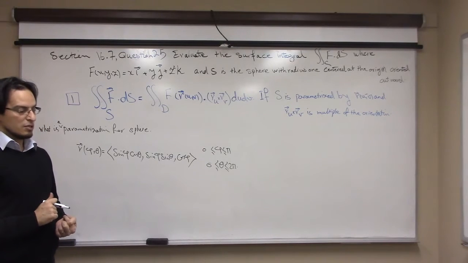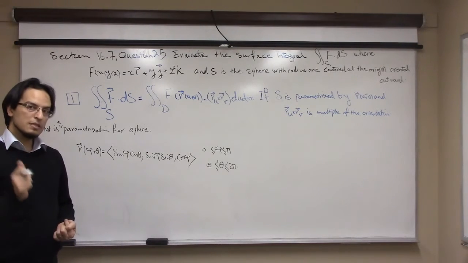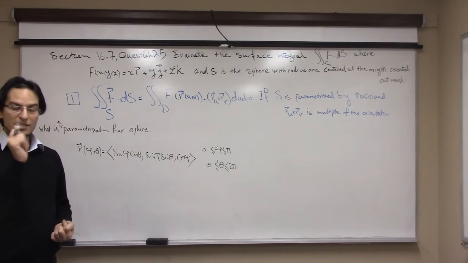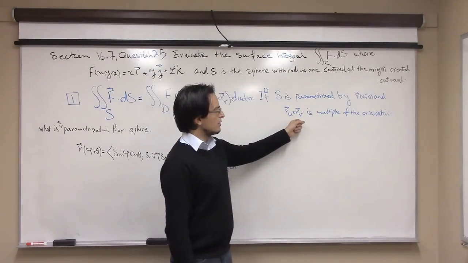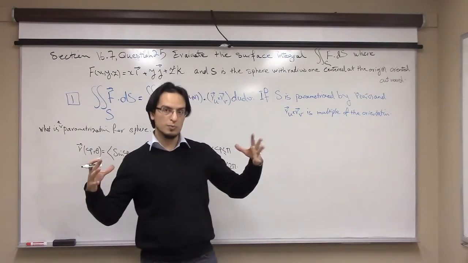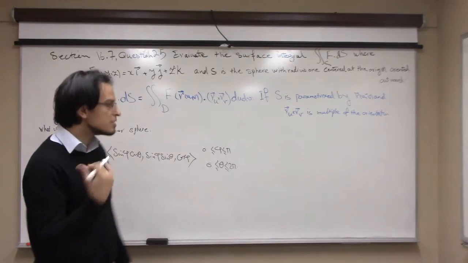First thing you have to ask yourself is, is this parameterization positively oriented? Or, in other words, is r_phi cross r_theta the outward orientation or not? Okay, let's check that.